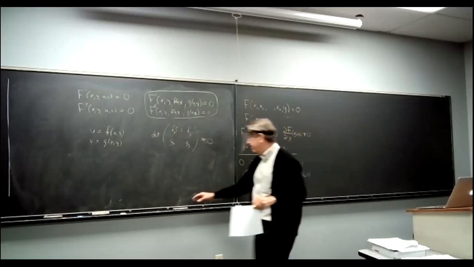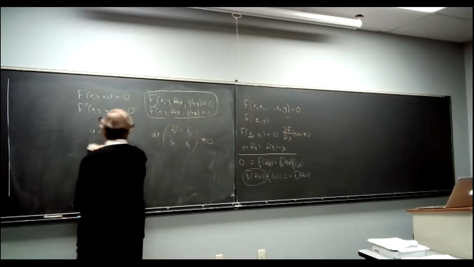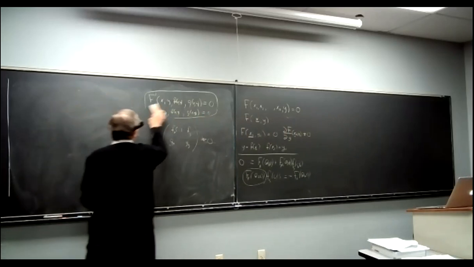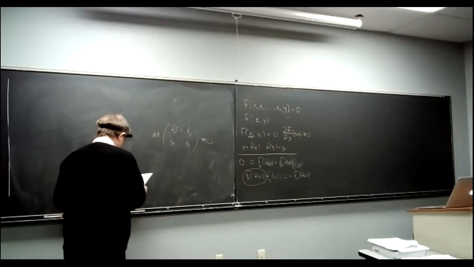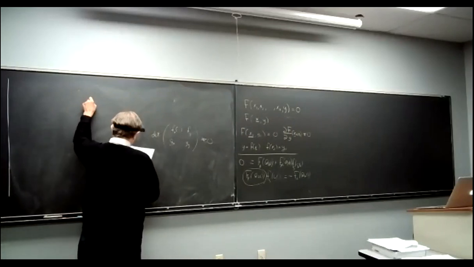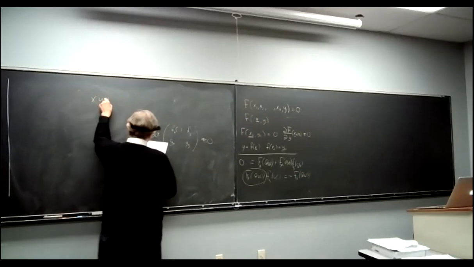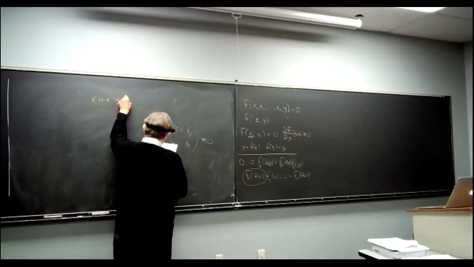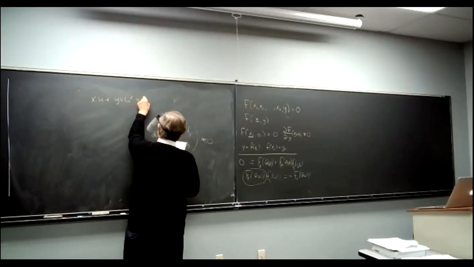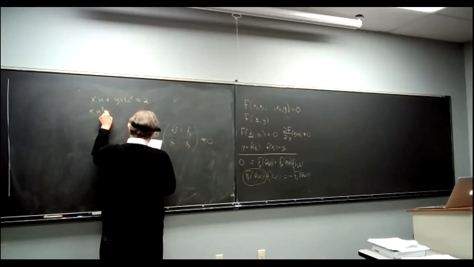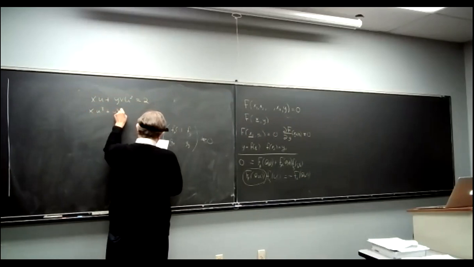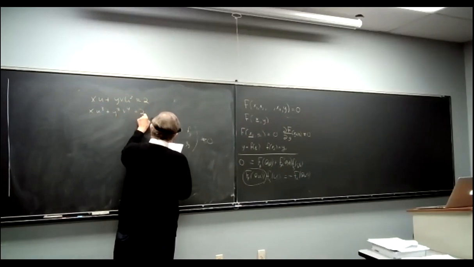So rather than do this in general, I want to try to do a problem and try to show you again from a discovery idea where it comes from. Suppose that I have xu plus yv u squared equals 2 and xu cubed plus y squared and y square v to the fourth equals 2.